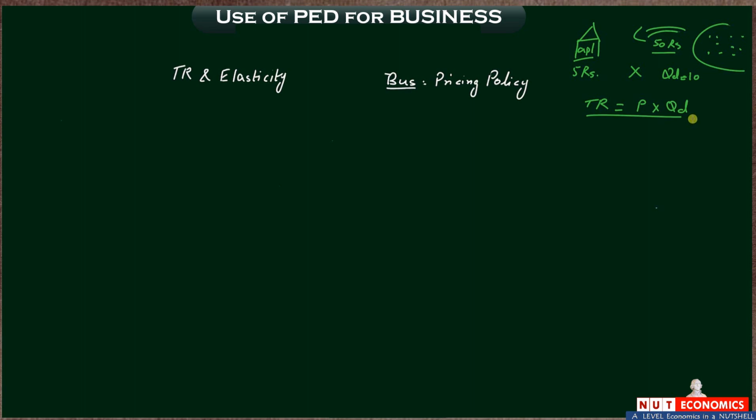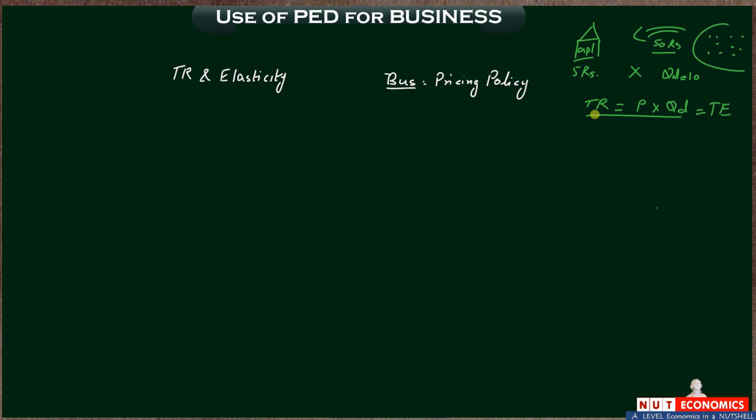Now, one small minor thing that you need to know here is that if 50 rupees is the total amount of money that is flowing into this business, then 50 rupees is also the amount of money that is being spent by the consumer on this product. So the total expenditure done by the consumer is the total revenue that is received by the producer.